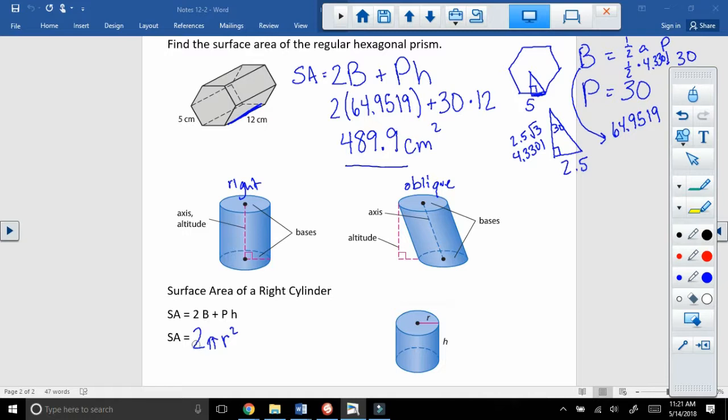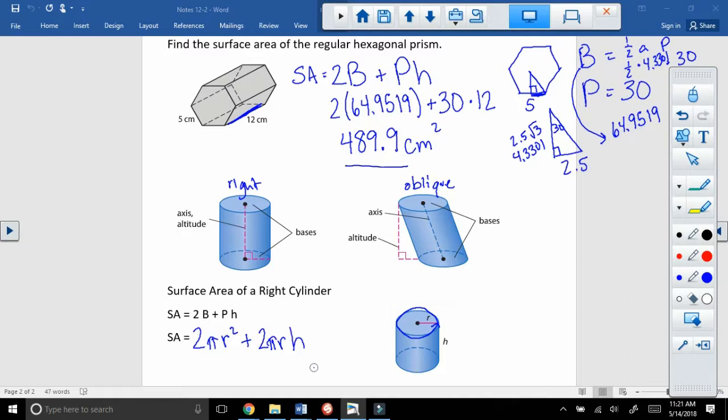So they're going to write this out as 2 pi r squared plus the perimeter of the base, which is the same thing as the circumference of that circle. So what's the formula for circumference of a circle? 2 pi r times the height.